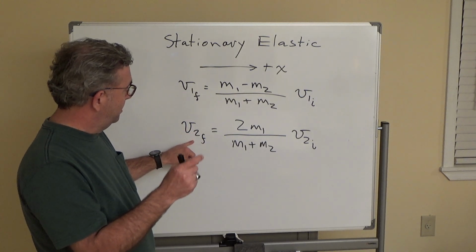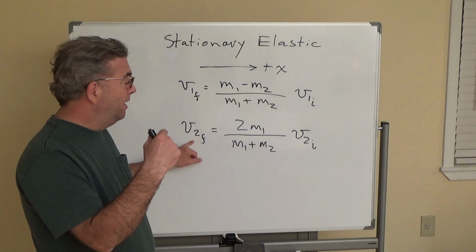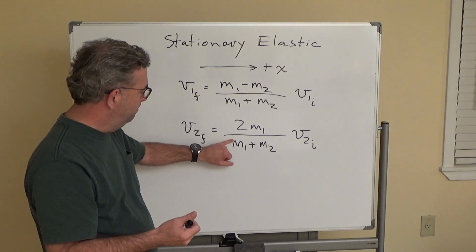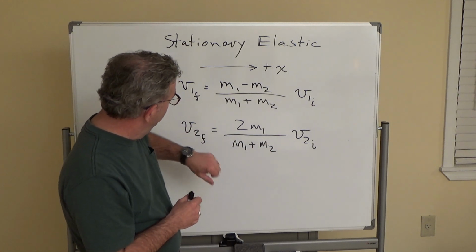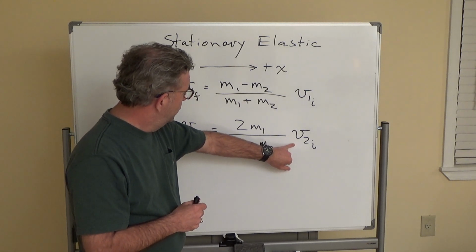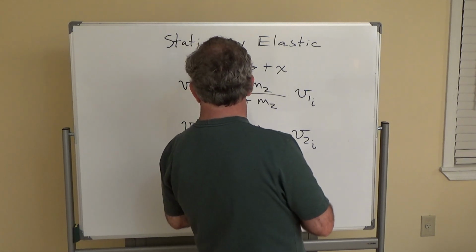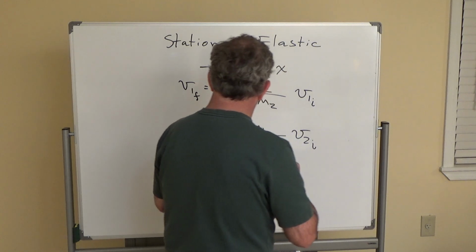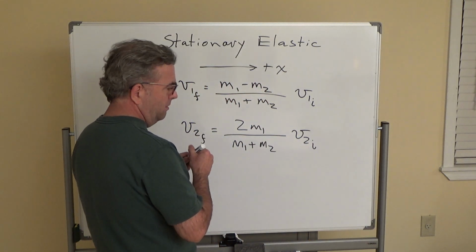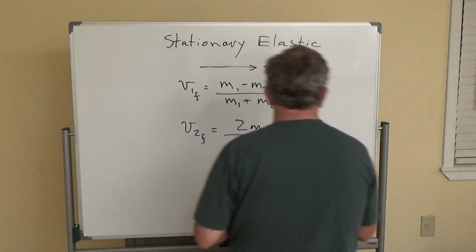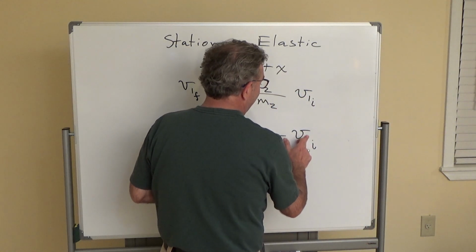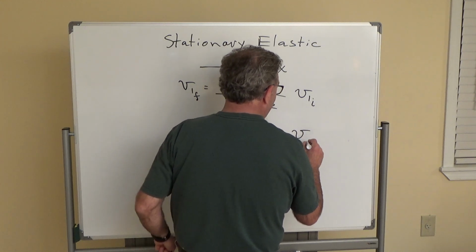So in the case that I just talked about where M1 is less than M2, what did I do here? This is not V2 initial. This is V1 initial.